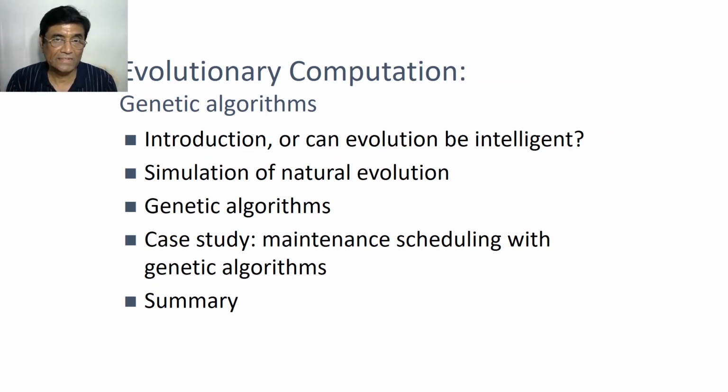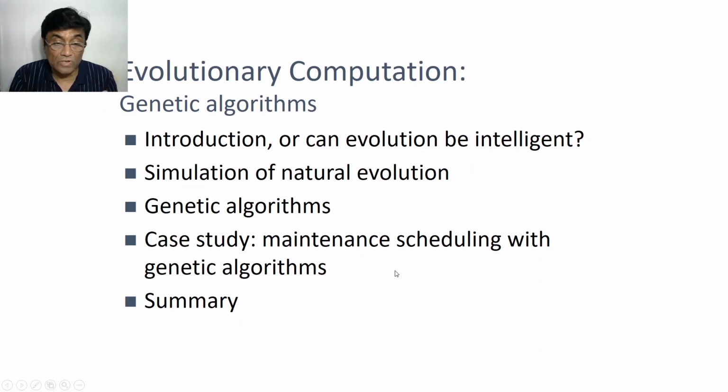So in the next class, we will start off with some examples of how genetic algorithm actually works. We will introduce genetic algorithm, then the natural evolution simulation we already know, then we will formulate genetic algorithm and show you how it works, and then we will do some case studies.